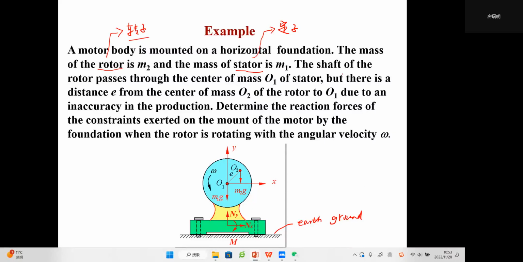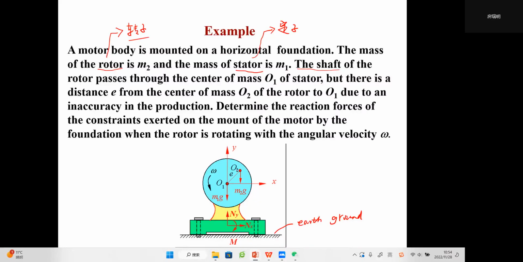So the shaft of the rotor passes through the center of mass O1. So what does this sentence mean? It means the rotor, which has mass m2, will have a rotation around the axis which passes through the center of mass O1, right?